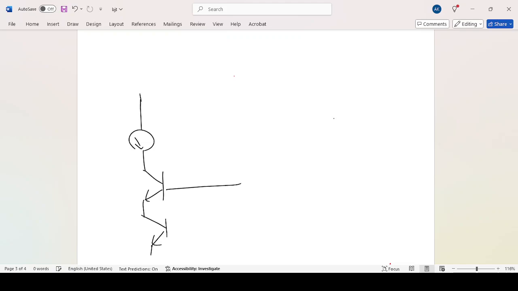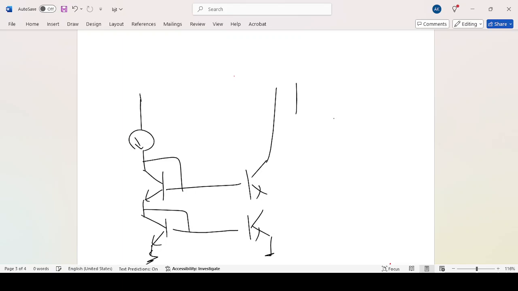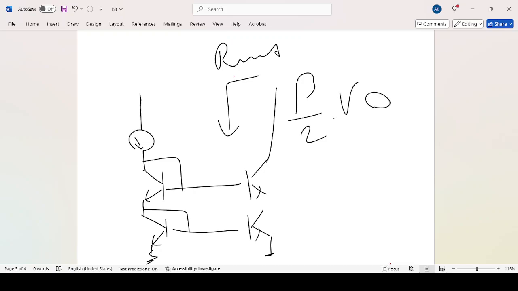So these are grounds, and so you add this. But if you do the equation, you will see that in this case the R out is beta over 2 times RO, so you reduce it by a factor of 2.